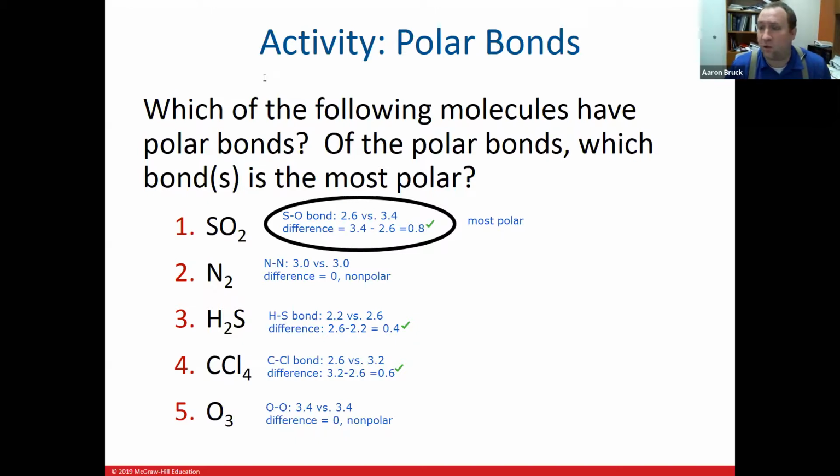So that's all that you really would have to do: take those electronegativities off of that table, compare them to each other, and whichever one comes out the biggest is going to be the most polar. And so long as the values are greater than 0.1 or 0.2, we can consider it to be polar. Short of that, we start to question how polar it actually is.